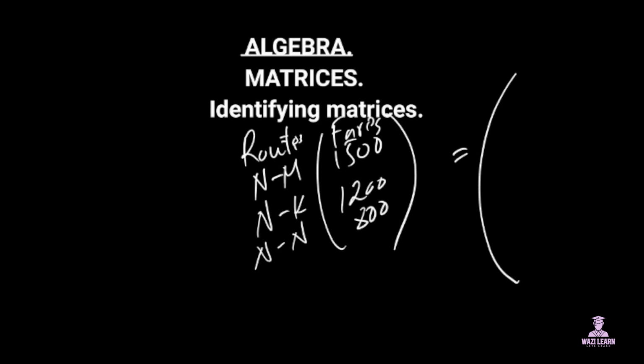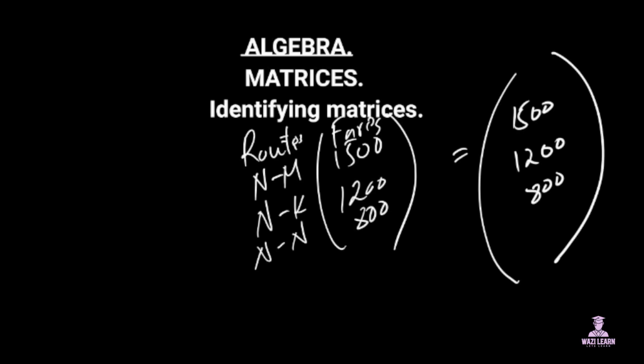Writing this in matrix form, we just remove the labels, and we have 1,500, 1,200, and 800. That is our information represented in matrix form.